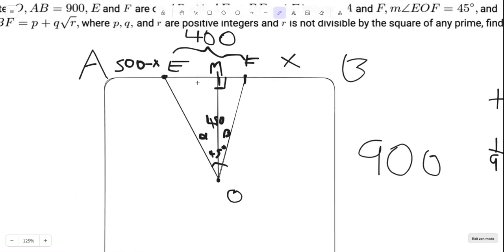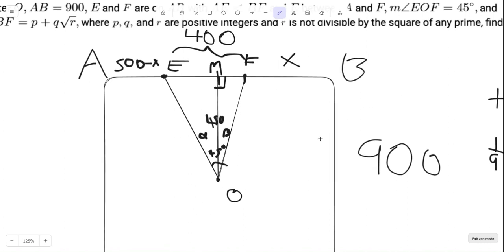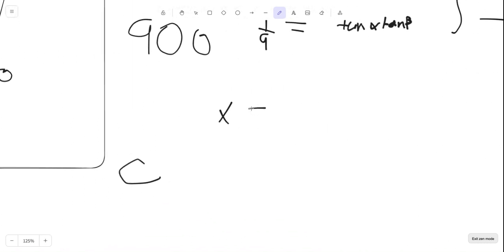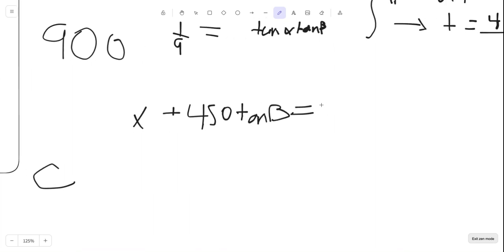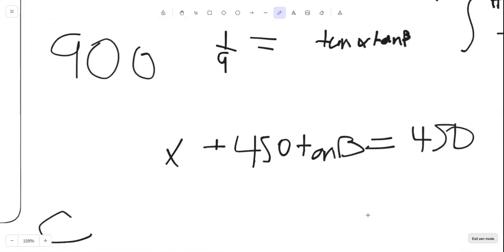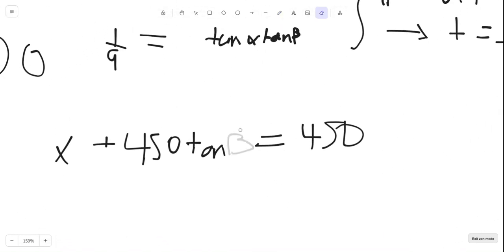We need the tangent beta solution to solve for x, because x plus 450 tan beta is 450, since this half segment MB is 450, and MF is 450 tan beta. So it's just a simple addition equation.